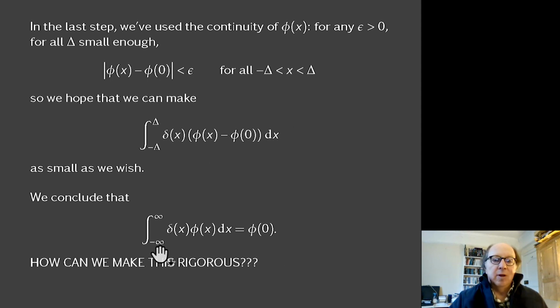So what you conclude is that the integral from minus infinity to infinity of delta of x phi of x dx should be phi of 0. And this, unlikely though it may look, is actually the key to making a rigorous definition of this thing that we've called delta of x. What we do is essentially abstract from this notion of multiplying by a function and integrating.